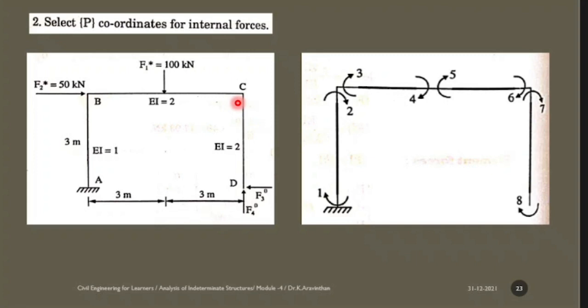Now you are considering the element as 2 numbers, before the load and after the load. So you have to consider 2 elements. Why? Because you are not considering the fixed end moment. Hence element 2 and element 3 will be here, and element 4. In case you have a horizontal load in between any member, what you have to do? You have to split those members and create 2 elements.